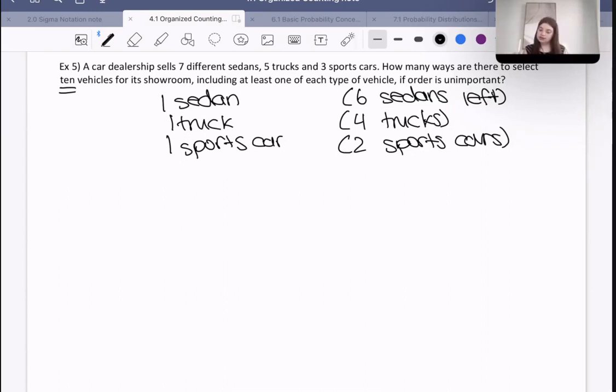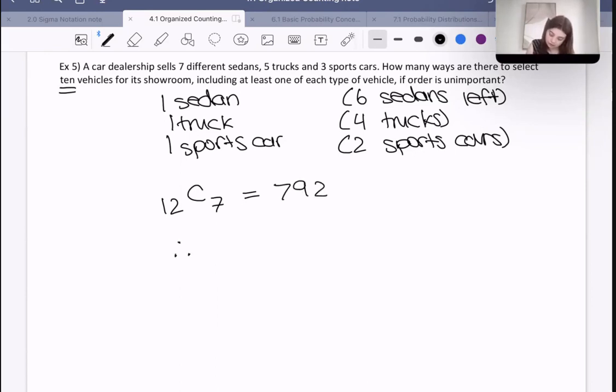Well, the thing is, 6 sedans plus 4 trucks plus 2 sports cars is, let's see, 12. I was going to say it's 10, but no, it's 12. And we need to choose 7 more vehicles because we already chose 3 and we're choosing 10 vehicles total, right? And so therefore we want to do 12 choose 7, which if we plug that into our calculator, 12 and then the nCr button, and then 7, and then hit equals, we're going to get 792.